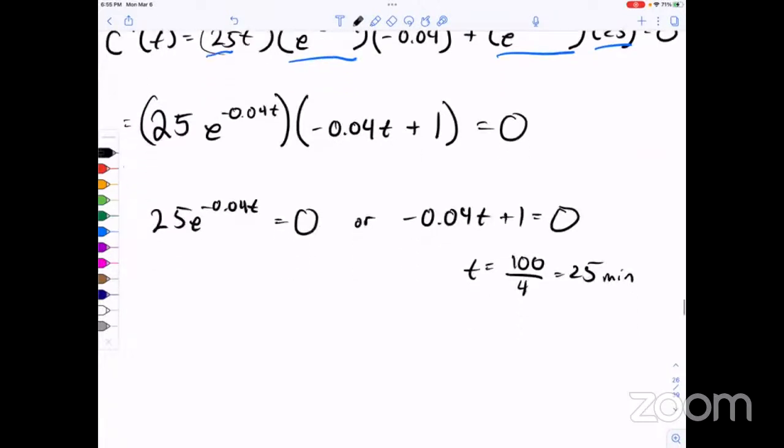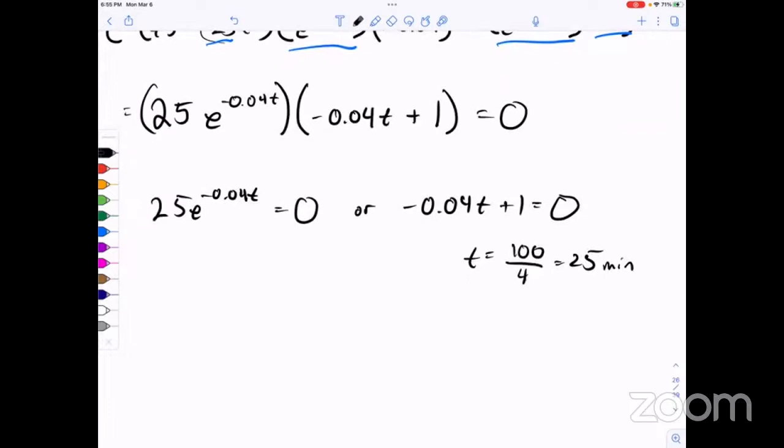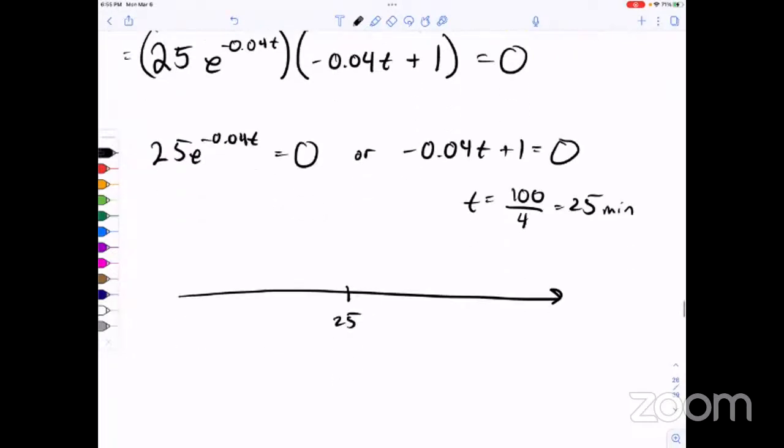Here's a number line. Here's 25, right? And we want to compare the original, or actually we're going to look at c prime of t. Okay. So when t is 25, c prime is 0. Left of 25, we can plug in something like 24.